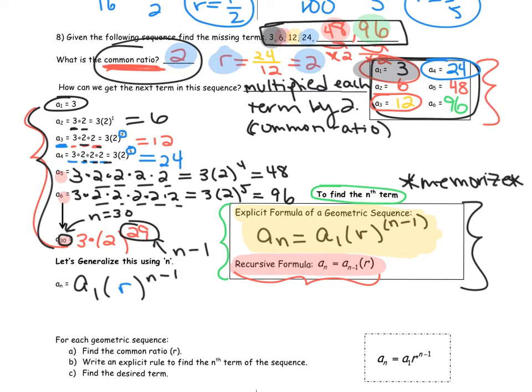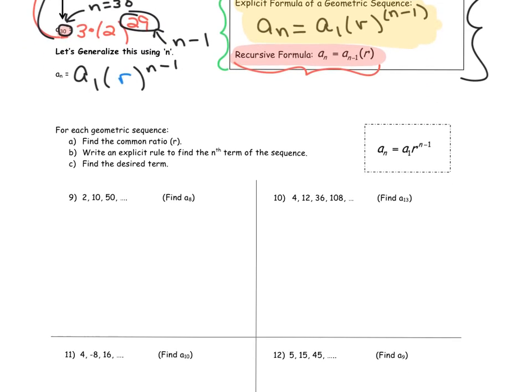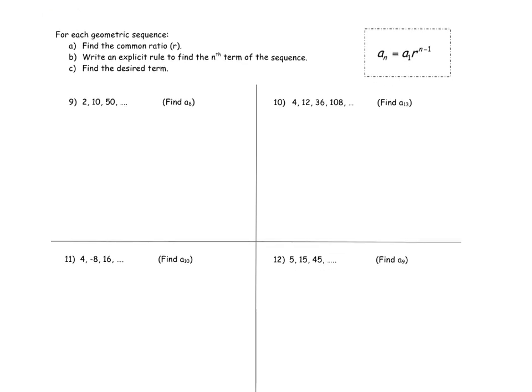Let's just take a look at some more practice problems. So why don't we start off with the top here? So we're going to find the geometric sequence. And remember, I wrote this up here for you at the top. A sub n is equal to a sub 1 times r to the n minus 1, the formula that you need to have memorized. So let's see. To find this geometric sequence, notice how it says find a sub 8.